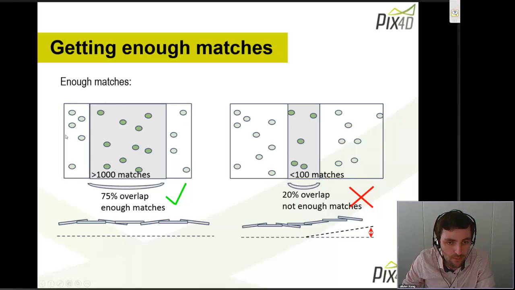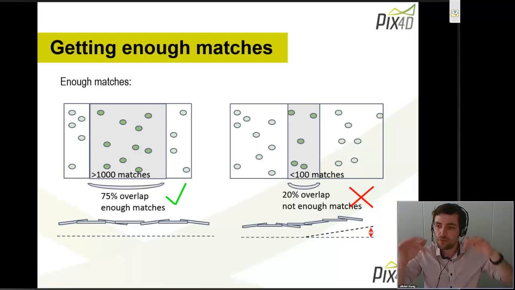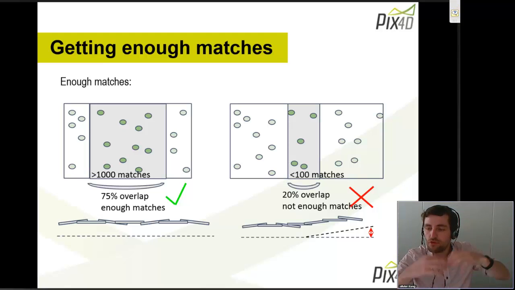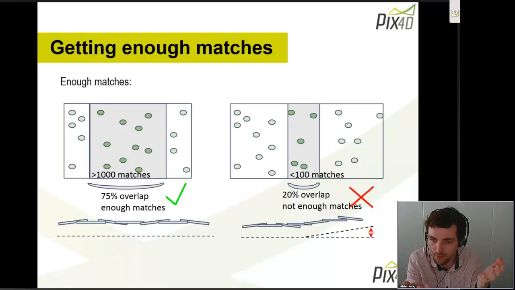If you were able to extract 60,000 key points in the first image and 60,000 key points in the other image, the likelihood that you have many good matches is very high. And very often you will end up with thousands or tens of thousands of matches. By having so many matches, we are able to constrain the model much more, to be able to model most of the imperfection of a consumer-grade camera.